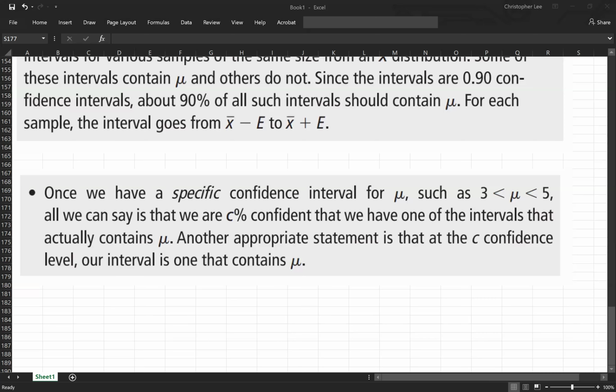I care about what New York City thinks. For whatever reason, maybe I don't have enough time, resources, or money to ask everybody, so I have to take a sample and then use that to estimate what I think the whole city thinks.